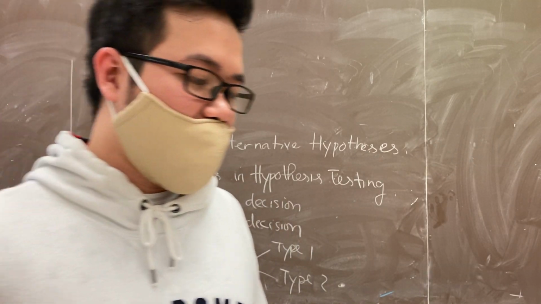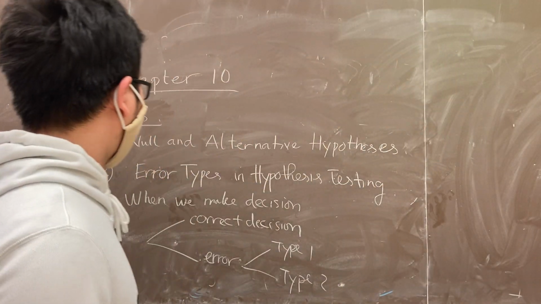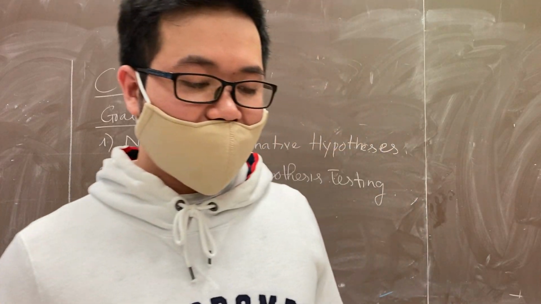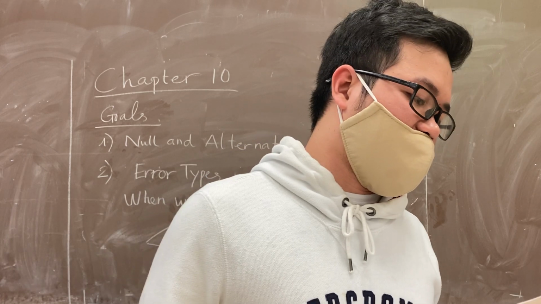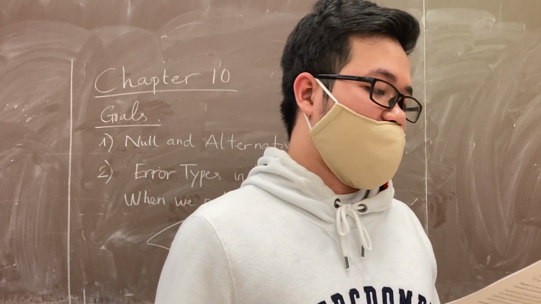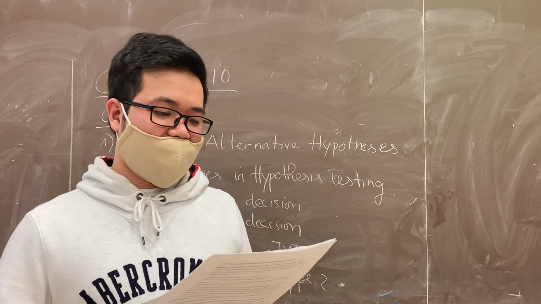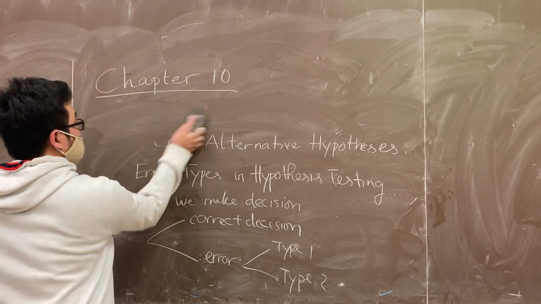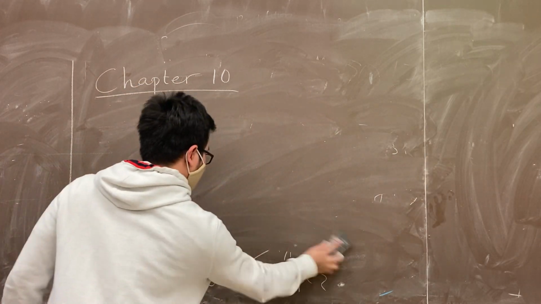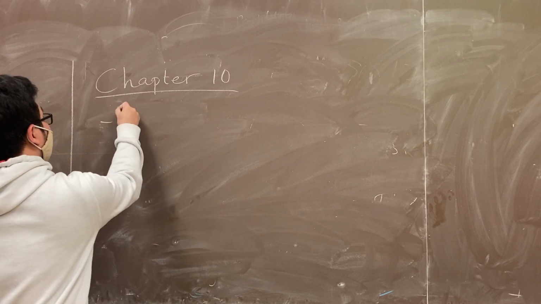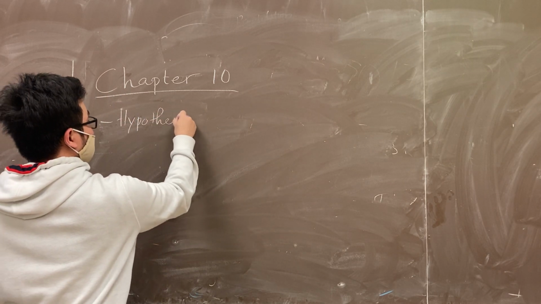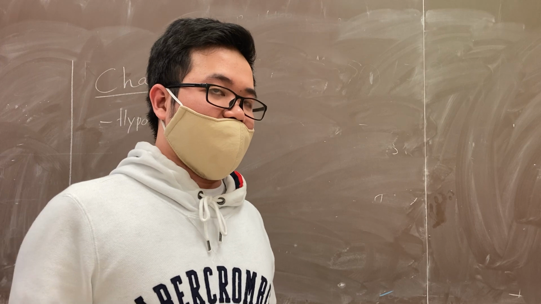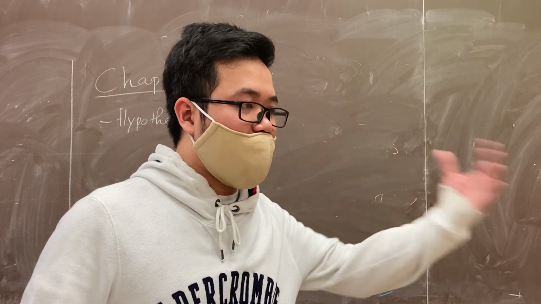Now we move on to the first one: what are the null and the alternative hypothesis? The first concept is called hypothesis testing. What is hypothesis testing? The hypothesis testing is a technique for testing a claim about a population parameter.